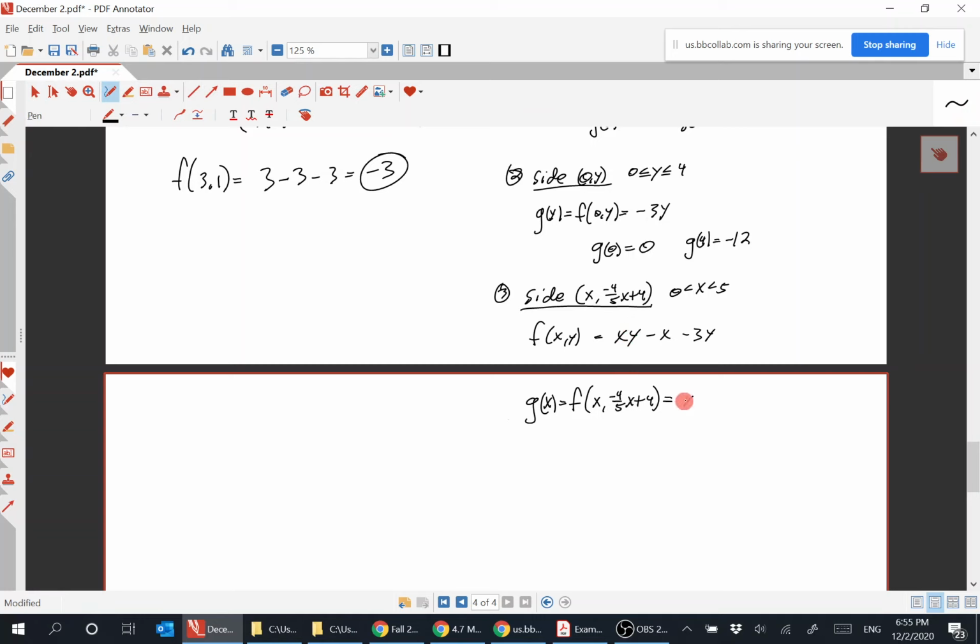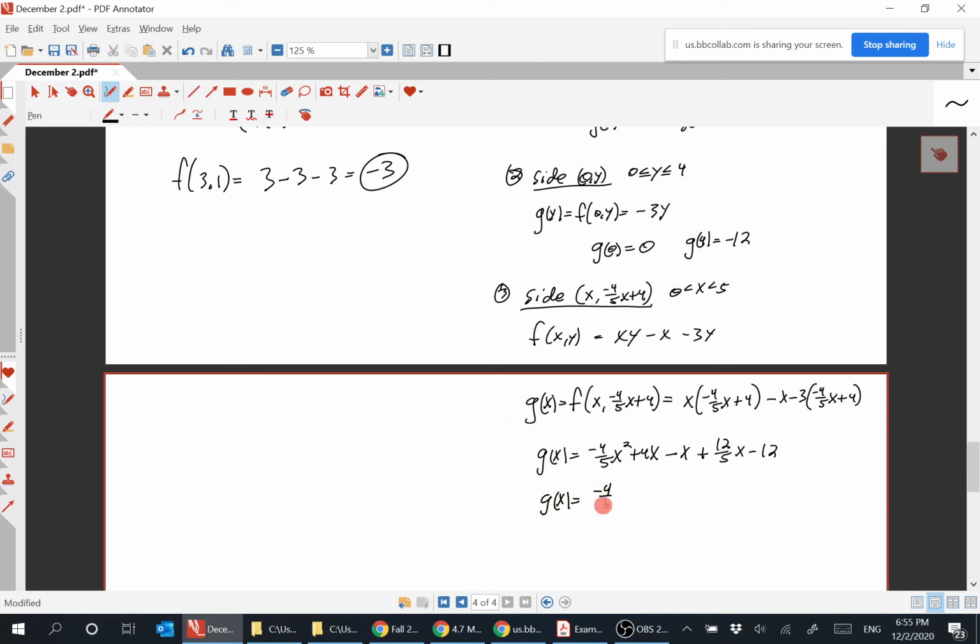So this becomes x times minus 4/5 x plus 4, minus x, minus 3 times minus 4/5 x plus 4. So we need to work out that function and simplify it. So this is minus 4/5 x squared plus 4x minus x plus 12/5 x minus 12.